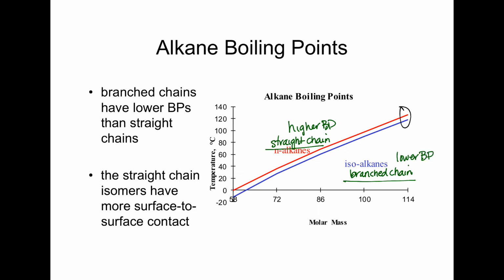And that's true for all carbon-based molecules if they have the same chemical formula, but one has a straight chain and the other one has a branched chain. The straight chain has higher surface area and it's always going to have the higher boiling point. So these intermolecular forces can be greatly influenced by the molecule shape and by the molecule's molar mass.